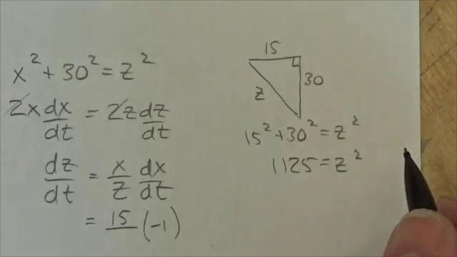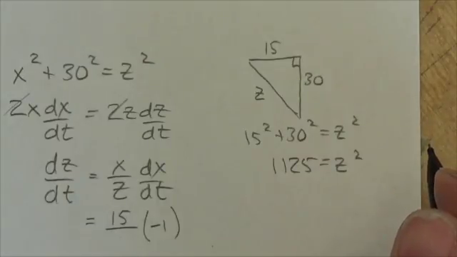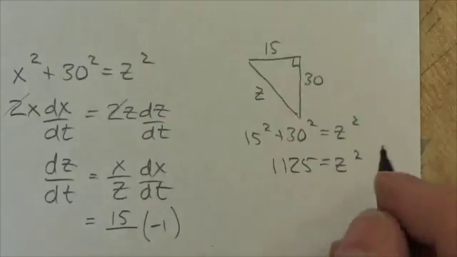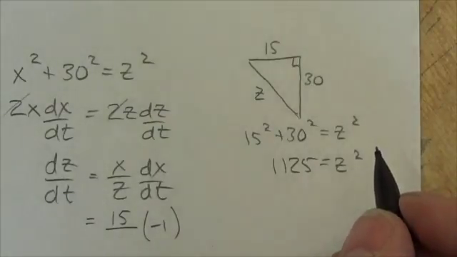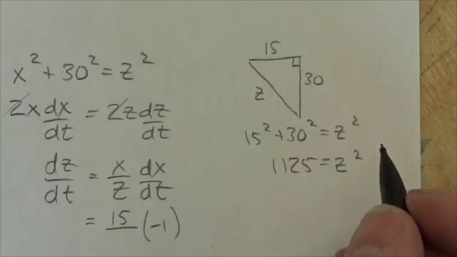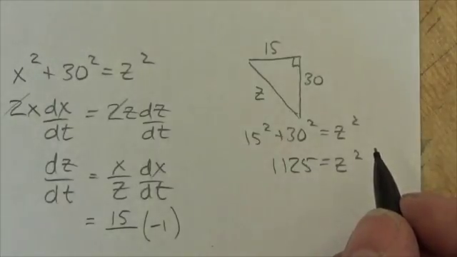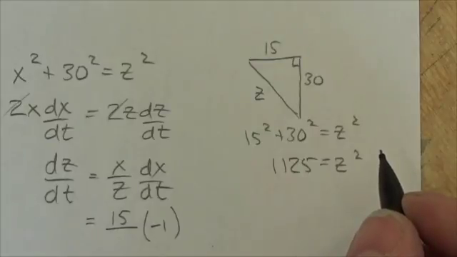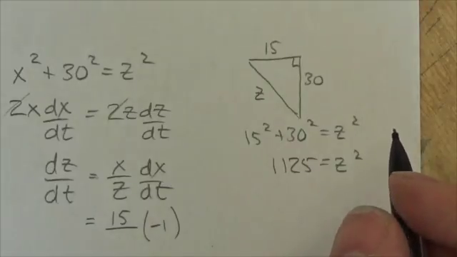Now, I would love it if that had a perfect square root. It doesn't. So 1125, I'm going to just try simplifying as much as I can. I'm bouncing all around here.